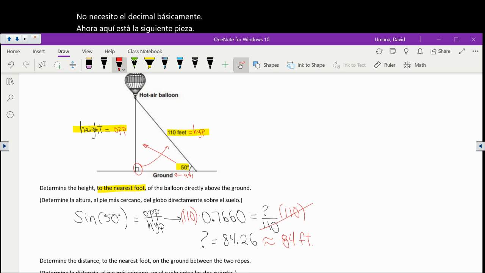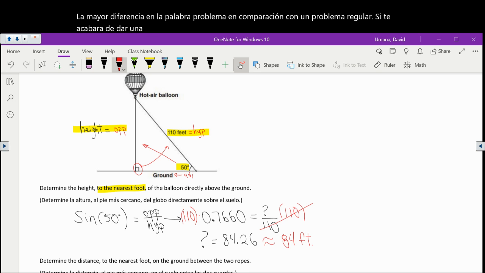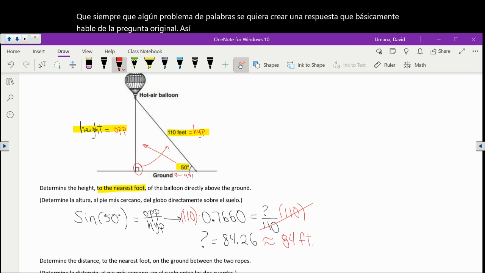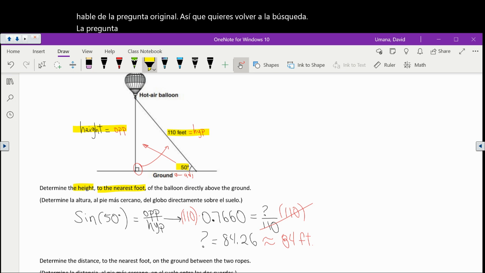The biggest difference in the word problem compared to a regular problem, if I had just given you a picture of a triangle with missing pieces, we would have had one answer, that's it. But whenever it's a word problem, you want to create an answer that basically talks about the original question. So you want to go back to the question. The original question was asking, what is the height of the balloon?